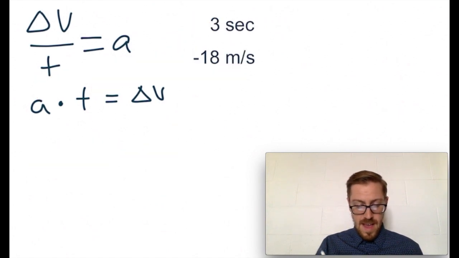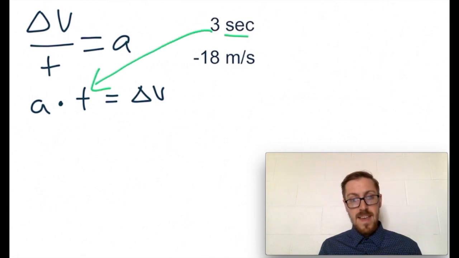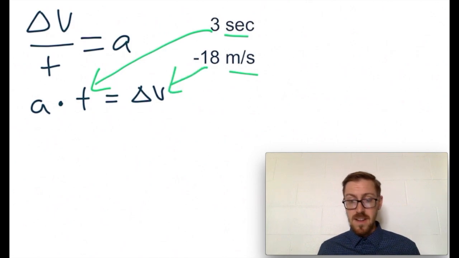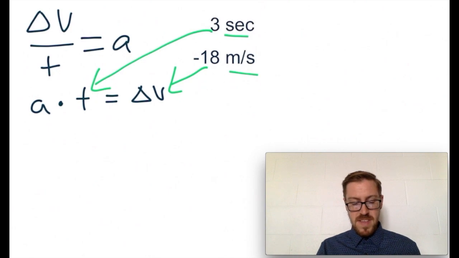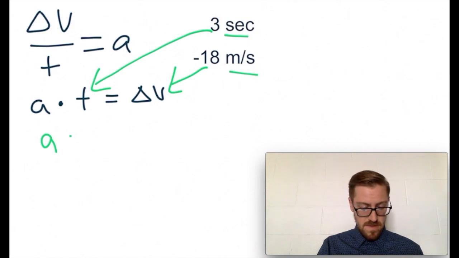This time, I have a 3 seconds, which goes in for t, and a change in velocity of negative 18 meters per second. That tells us it's a velocity. So that goes here. This is a little bit harder, but still very easy. If I'm looking for acceleration, I just plug these two numbers where they go. So I'd have A, I don't have that, I'm looking for it, times 3 equals negative 18.